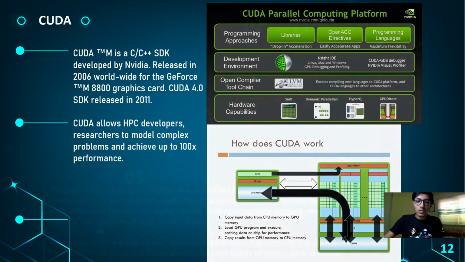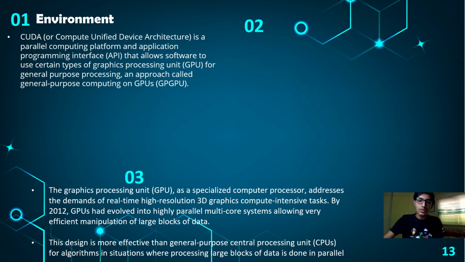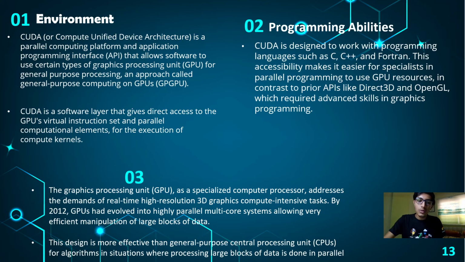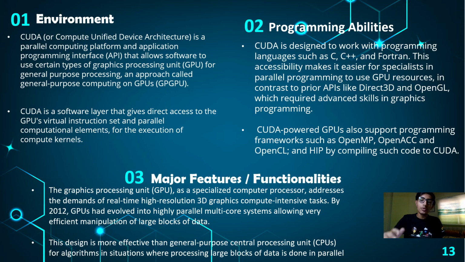Let's go ahead. Next are CUDA's environment, programming abilities, and features. CUDA's full form is Compute Unified Device Architecture, and it is an application programming interface, that is an API, that allows GPUs to be used for general purpose computing.